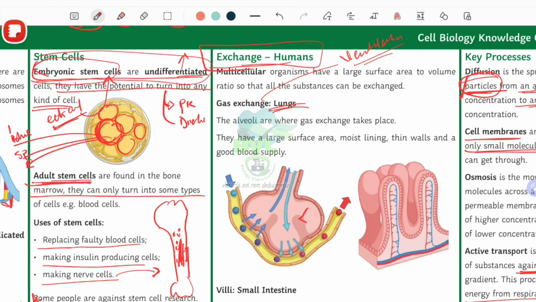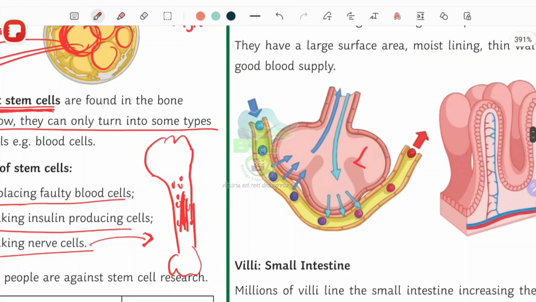So when you have inhaled your air, what happens is this: the oxygen comes in like that and is going to diffuse across the wall of the alveolus. This is alveolus, singular. So it comes in that way, and it goes into the blood.